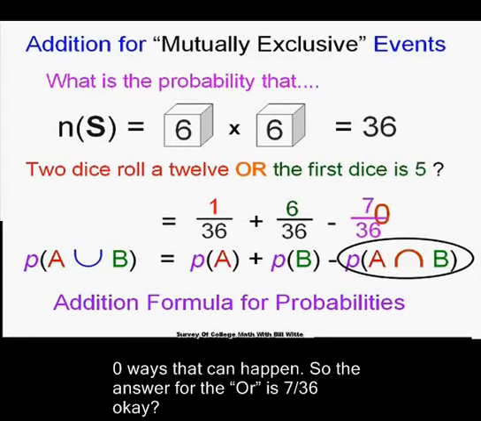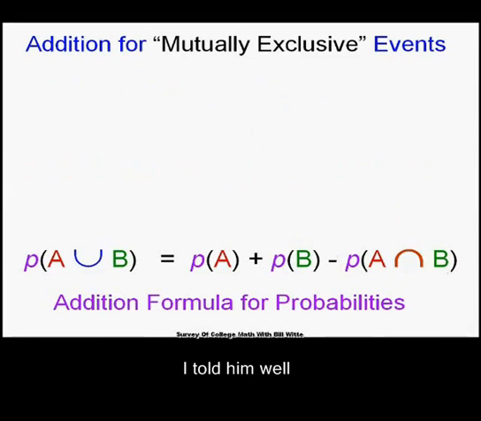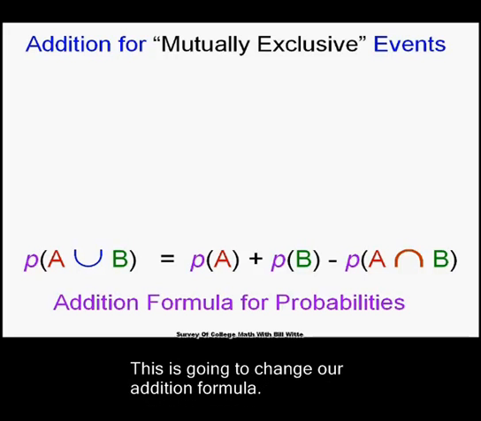So the answer for the OR is 7 over 36. Okay, that one was a little easier because the intersection came out to 0. Well, anytime the intersection comes out to 0, we call these events mutually exclusive, which is going to change our addition formula.